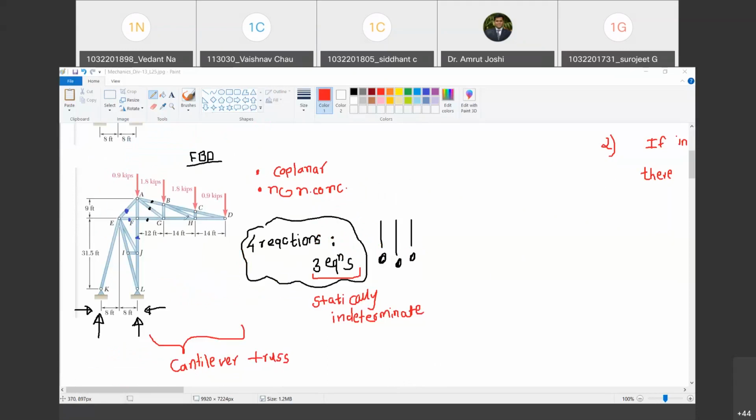Fortunately, in the case of cantilever trusses, on one of the sides, the right hand side, there is no reaction. So we can always start with that end, and without finding these reactions, we can find the forces in all the members. Are you with me? Yes, sir. If this truss is a cantilever truss, that means one of its ends is free of support.